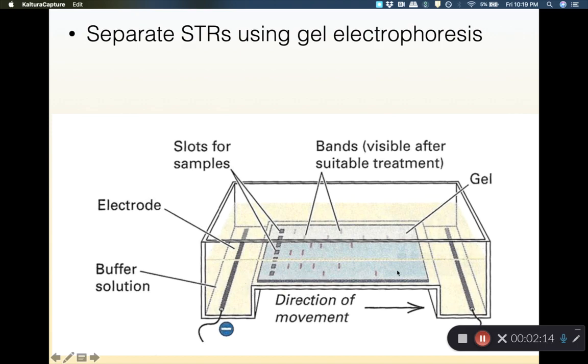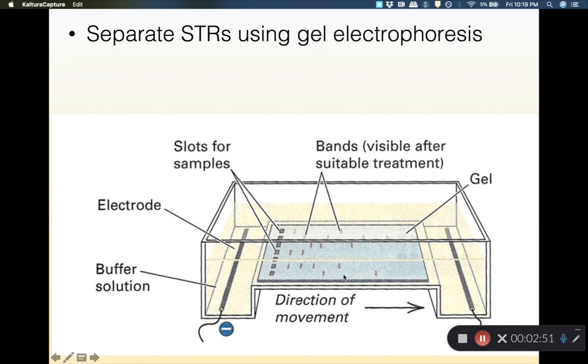Essentially, it's a gel in which you can suspend each of the liquid contents of the PCR product. So you slot in your samples, and you run electricity through this gel, and the short tandem repeats move along it. Because of their length, and we know there's variation in these short tandem repeats between individuals, they're only able to move so far.